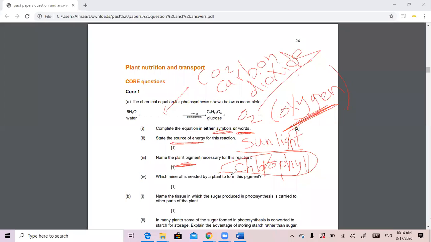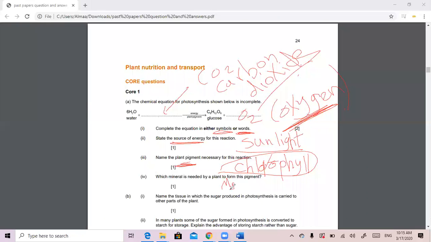Which mineral is needed by the plant to form this pigment? Which mineral exactly? Do you know it? Mineral means calcium, potassium, sodium, magnesium, and so on. Which is needed by a plant to form this pigment? Magnesium. Yes, thanks a lot.